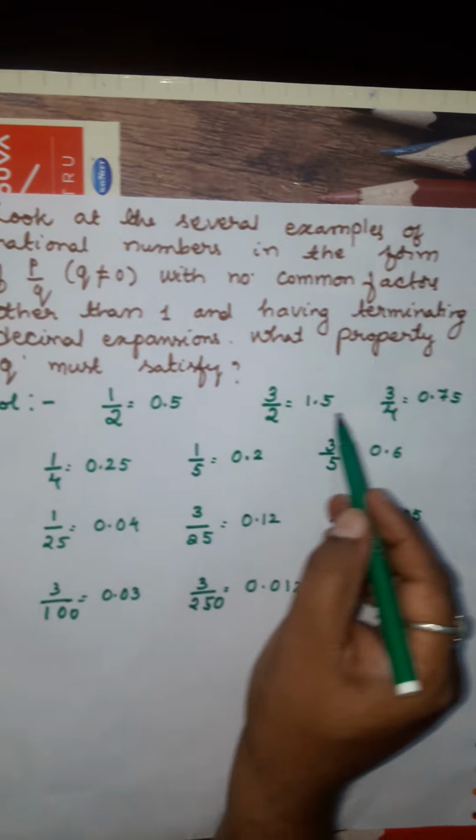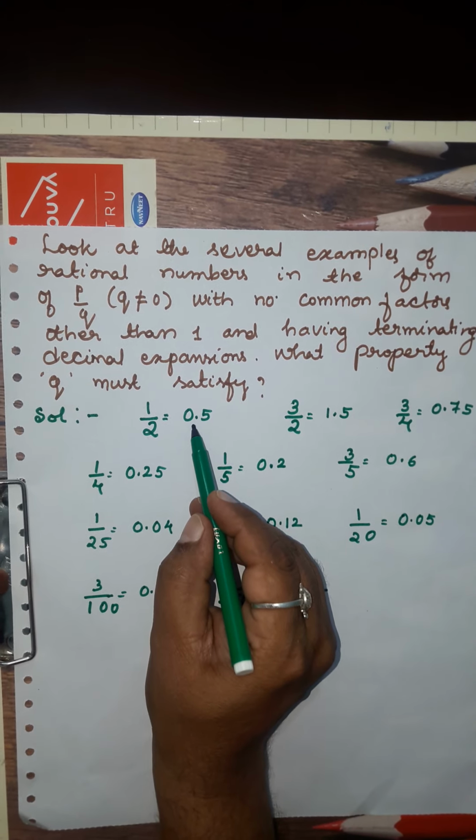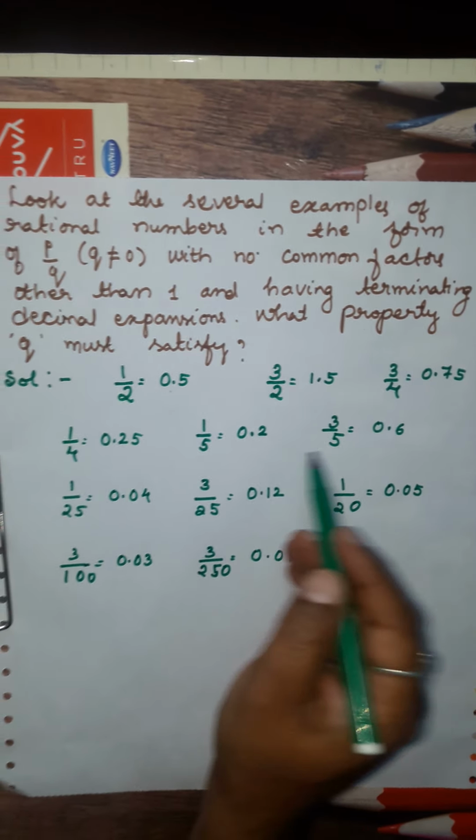In all these rational numbers you find terminating decimals.